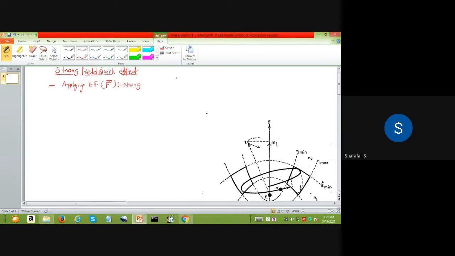We have the atom, the sample here, and we are applying an electric field, which I will present as F, in the Z direction. This electric field is very strong.